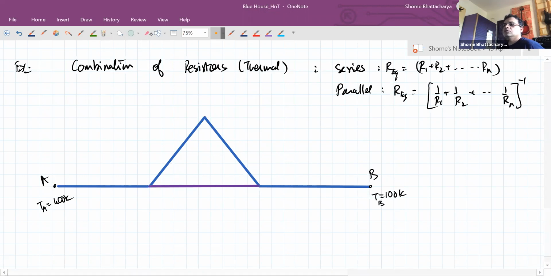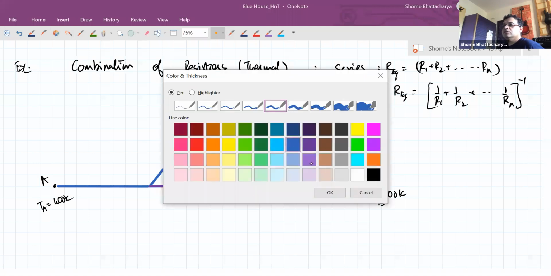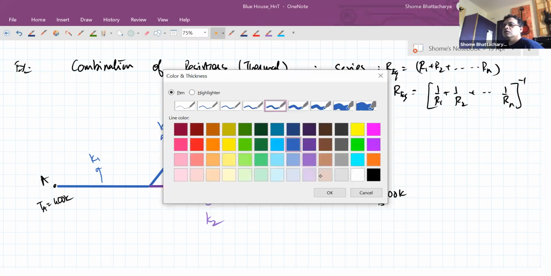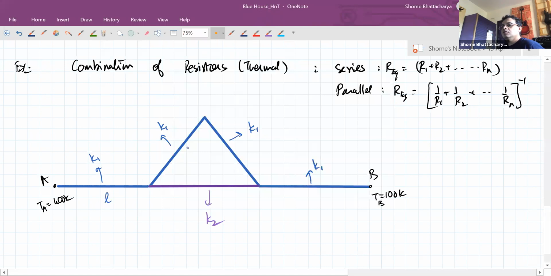Okay. Now these resistors in between, they are all made of a certain material which has thermal conductivity K1. The blue colored ones, and the other one, which is this one here, it is a different material, it has K2. And also these ones have length L. Okay.